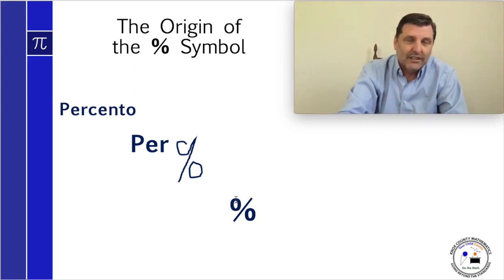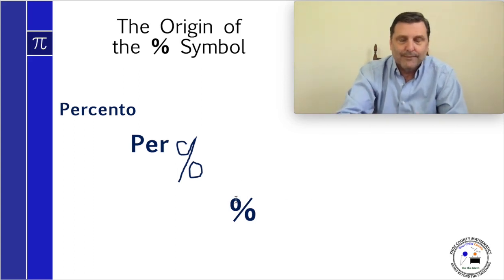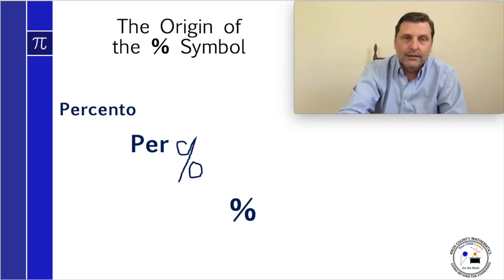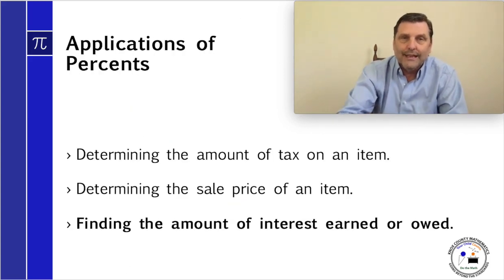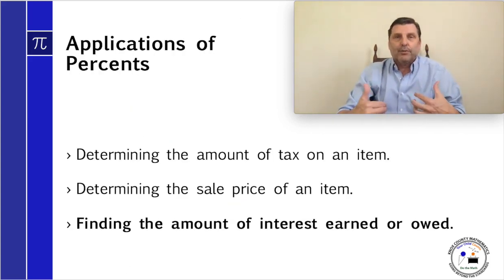I look at it like 2 zeros and a 1 slash between them. Either way, it helps me remember that we're dealing with something out of 100. And that's what we'll use today as we work with applications of percents.